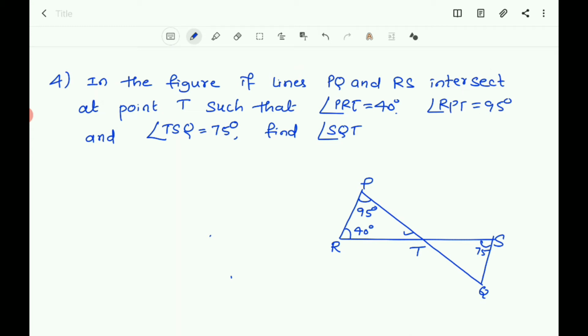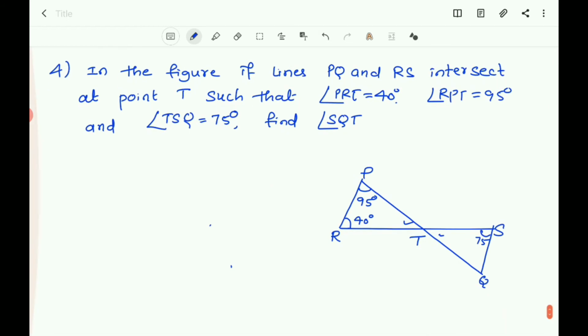After getting angle PTR, you know that angle PTR and angle STQ are equal, as they are vertically opposite angles. And again by using the angle sum property of triangle TSQ, we will get the angle TQS or SQT. So you write the solution here.